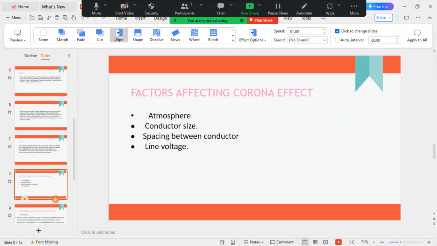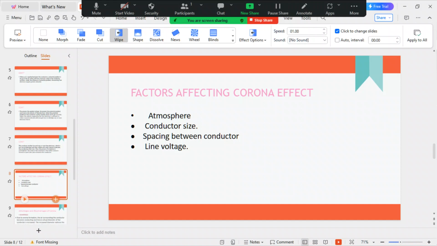Factors affecting corona are as follows. Atmosphere: when you talk of the atmosphere, we are talking of the windy weather, and the quantity of moisture content in the air.